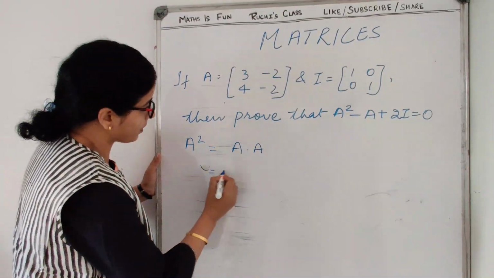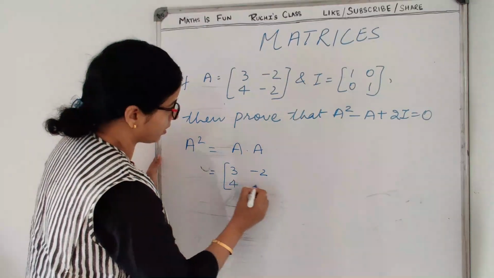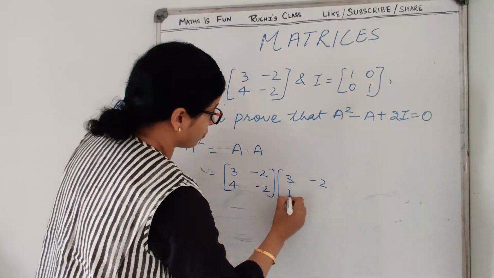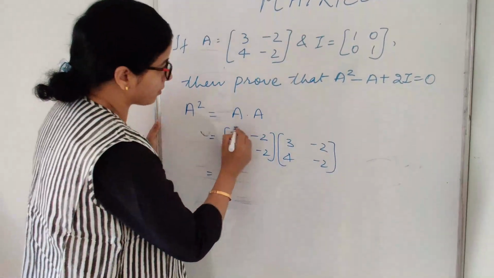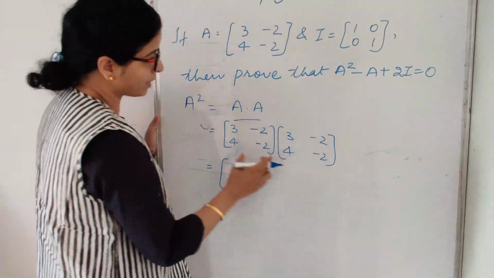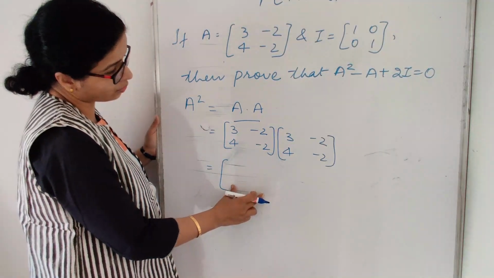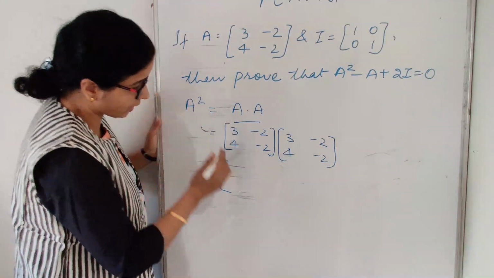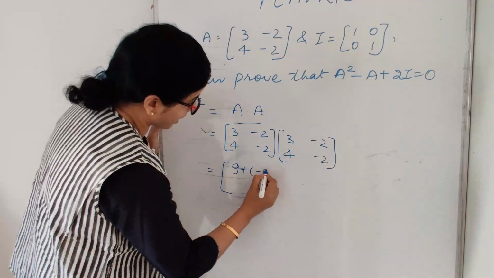So we have to multiply A twice: 3, minus 2, 4, minus 2, again 3, minus 2, 4, minus 2. In matrix multiplication, first row first column gives the first element, first row second column gives the second element, second row first column gives the first element of the second row, and second row second column gives the second element of the second row. So 3 into 3, 9 plus minus 8.